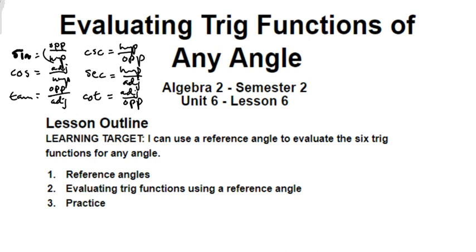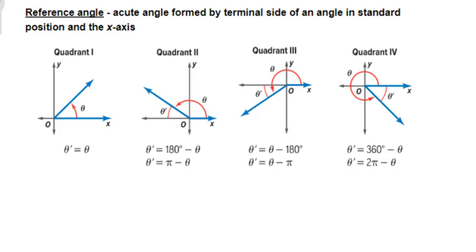And now we're going to talk about things called reference angles. A reference angle is acute. Remember, acute means less than 90 degrees. It's an acute angle formed by the terminal side of an angle in standard position and the x-axis. So the big thing is it's the angle between the terminal side and the x-axis.